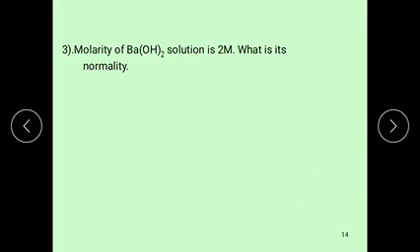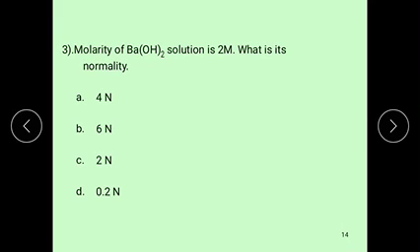Next, third one is, molarity of the barium hydroxide solution is 2 molar. What is its normality? The options are 4N, 6N, 2N, 0.2N. The molarity of the barium hydroxide solution is 2M. Here it is a basic solution.